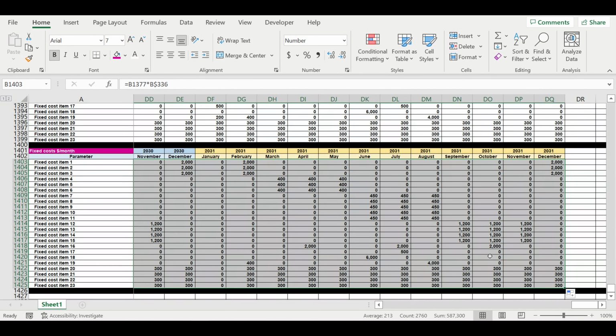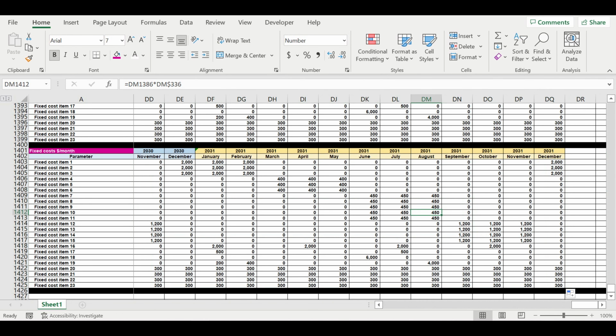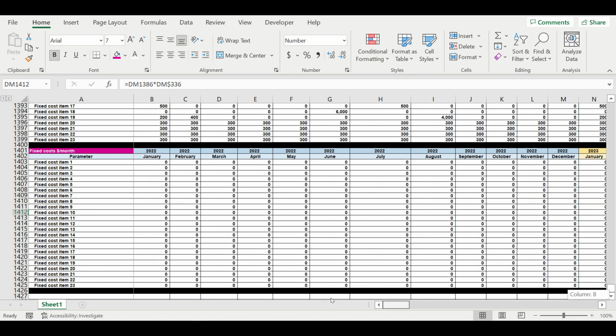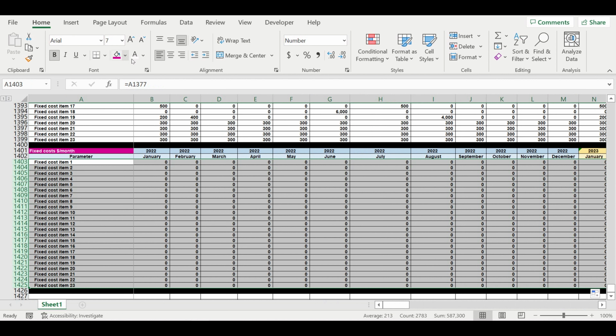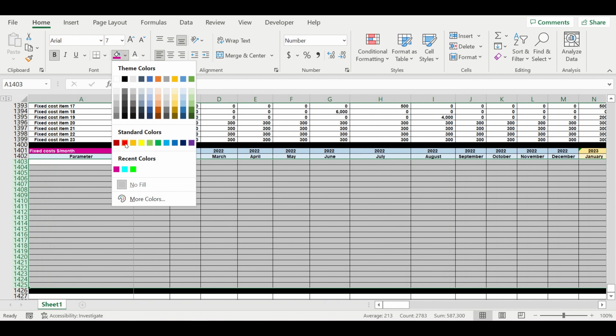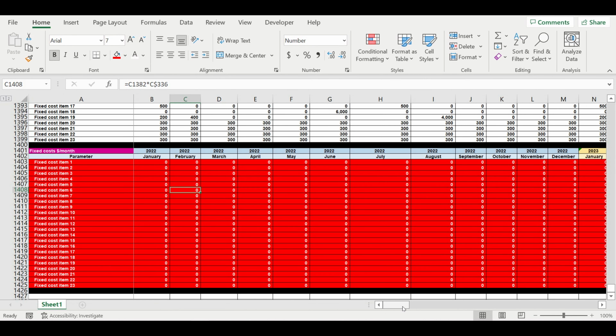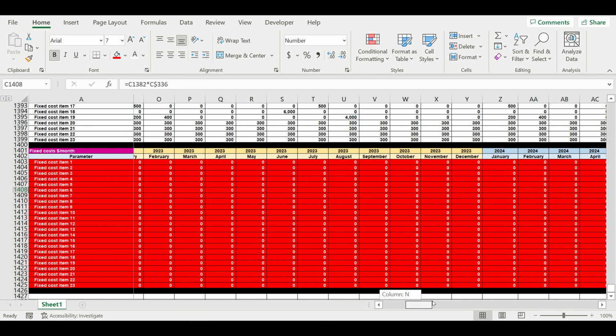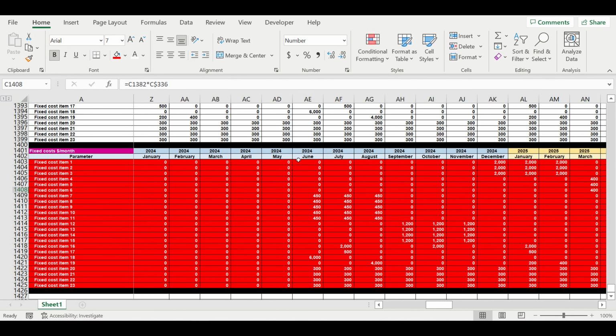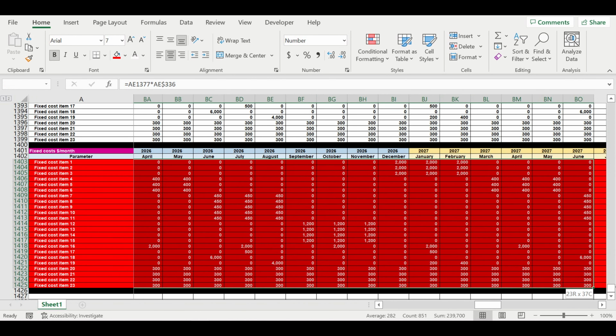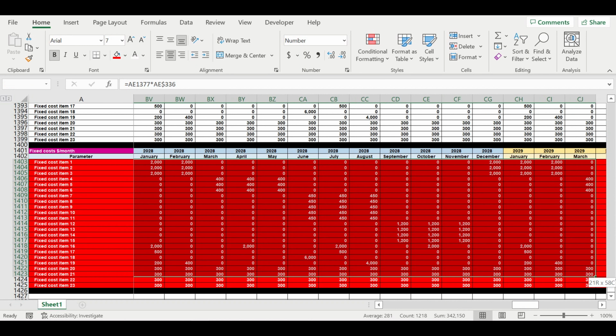Now we have our fixed costs calculated. We will mark these lines with red because they will go to the cash flow statement. And in June 2024, we have our fixed costs starting with all their seasonality.